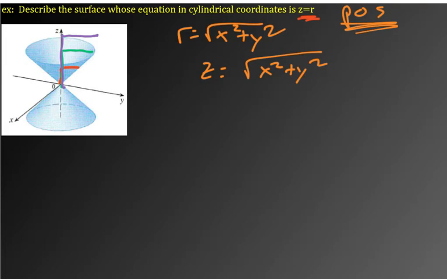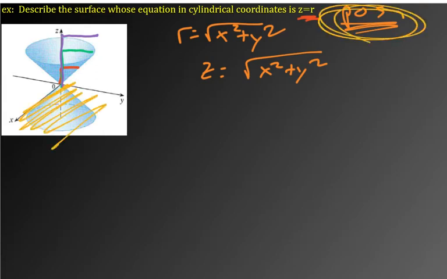And what this would give you is basically the upper part of a cone here. So this part wouldn't be here, and that's because of the positive part. But you would have everything up here, and you would have this nice circular structure, because the amount you go up is always equal to the radius.